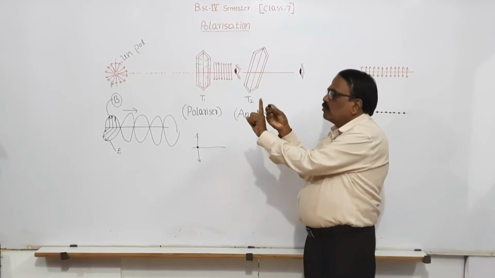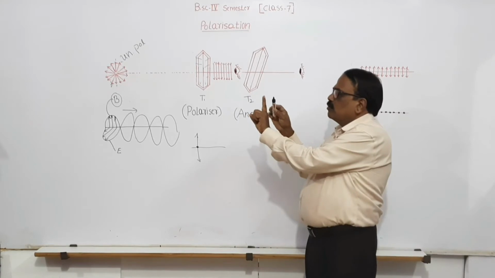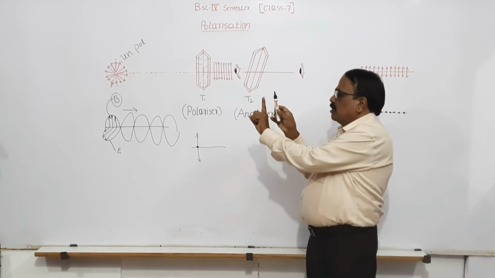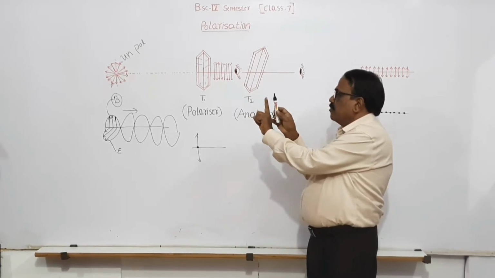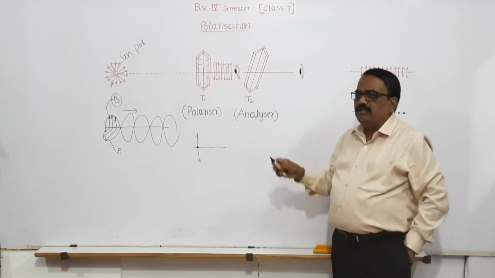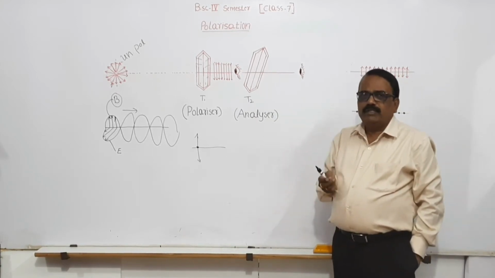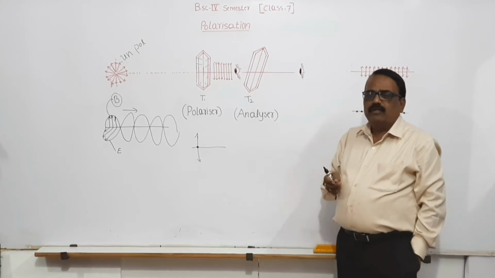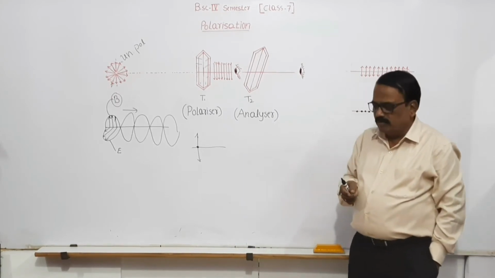If you go on rotating this further, slowly the intensity of the light goes on increasing, and it becomes a maximum when the axes are again parallel. So for 360-degree rotation of this analyzer, 2 times it is maximum and 2 times it is minimum.